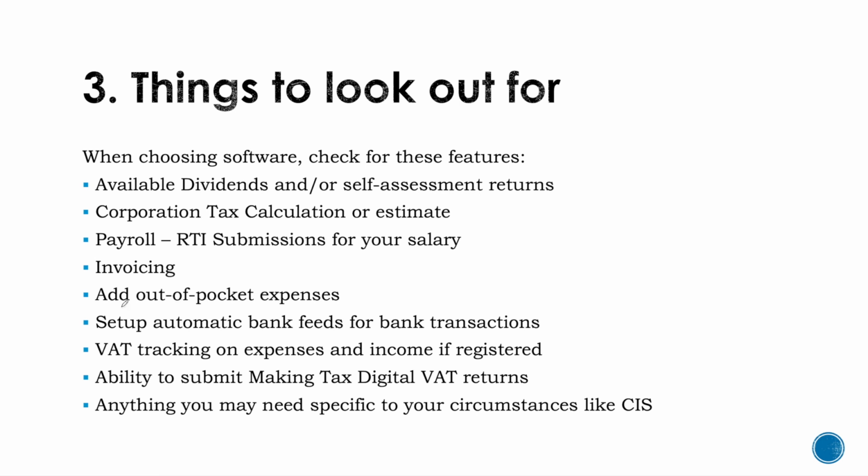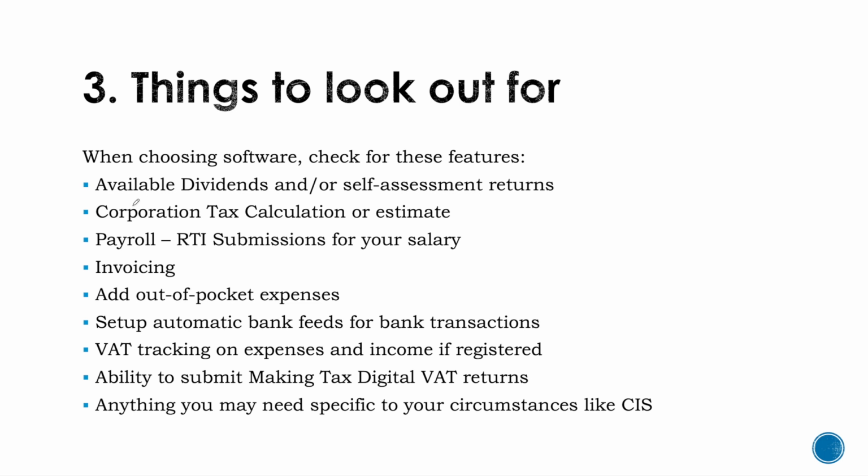So when you are picking your desired software, to start keeping track of all your transactions and things, you want to look out for these sorts of features. These are the main ones that are most useful to you and will make sure that you're keeping on top of everything.